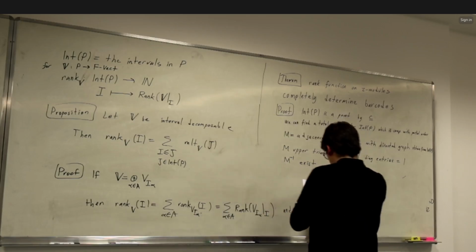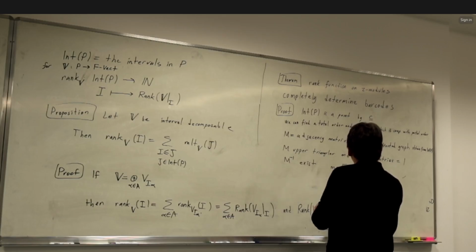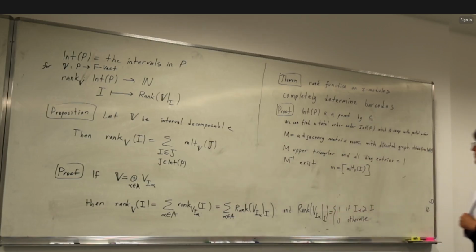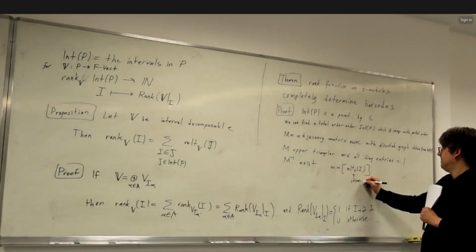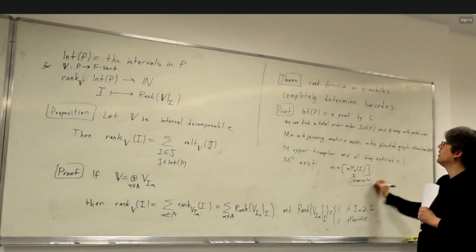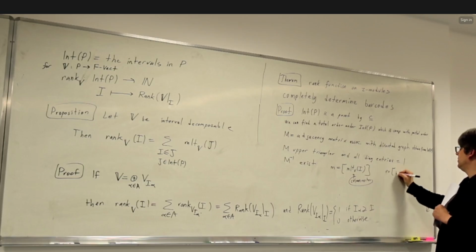Now let's call m the multiplicities of intervals. So this is a column vector ordered according to this total order. And let's say R is the rank.